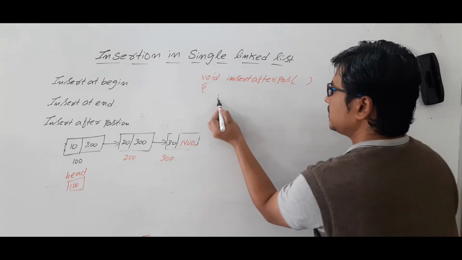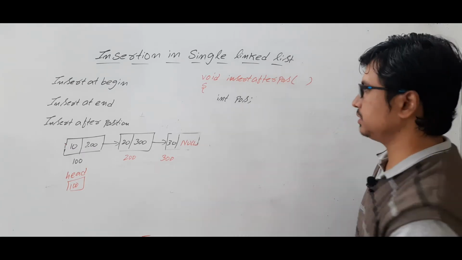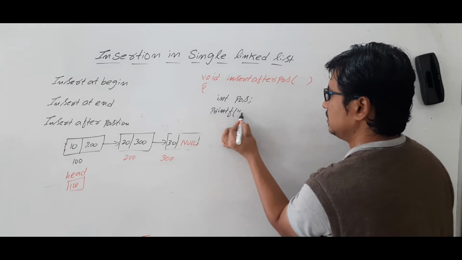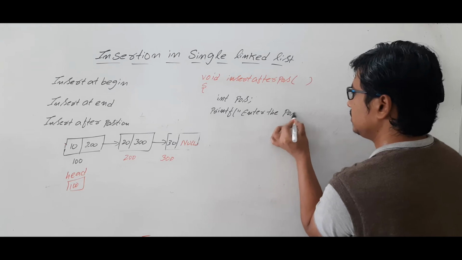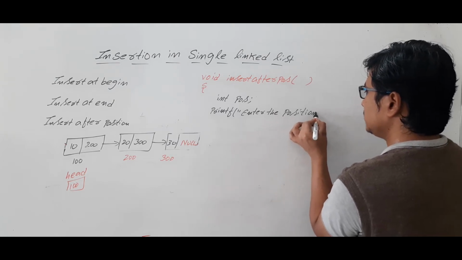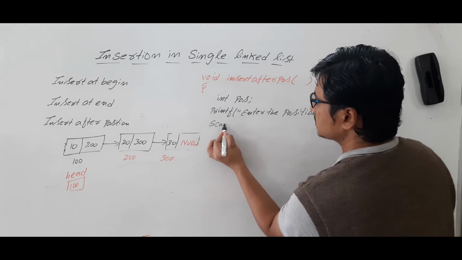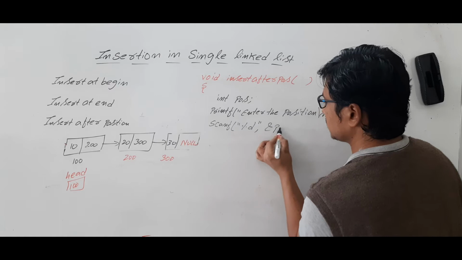So, let me take an integer variable called position. Then I will ask the user: enter the position where you want to insert. Is it clear? Then you will read it, scanf percentage d ampersand position.